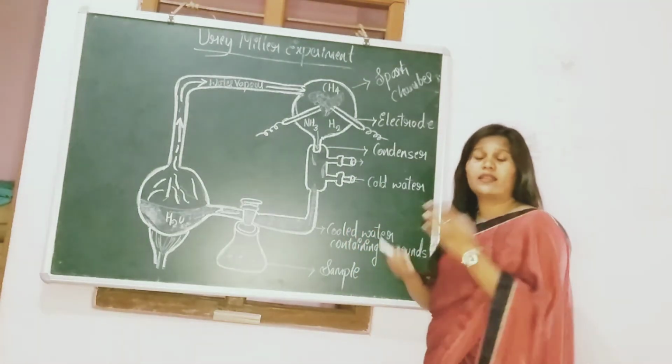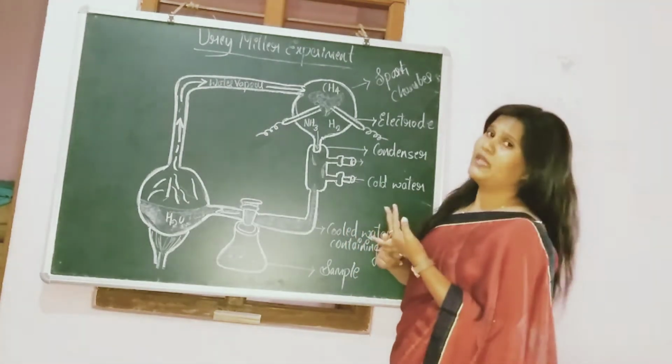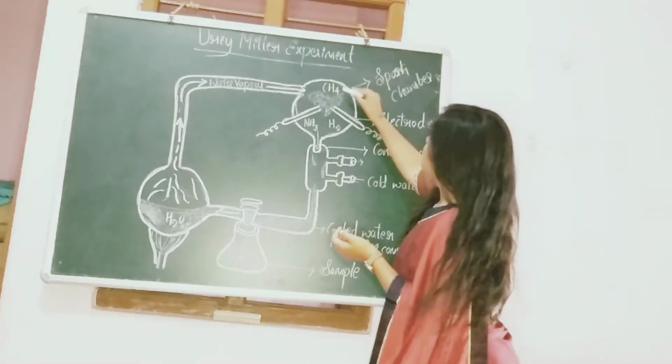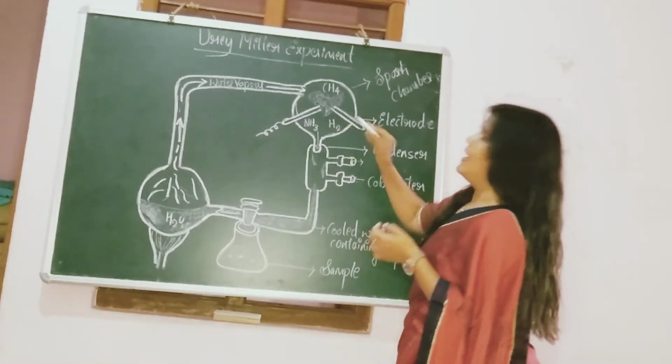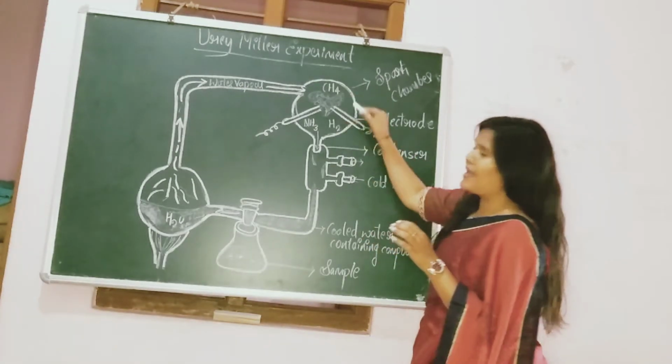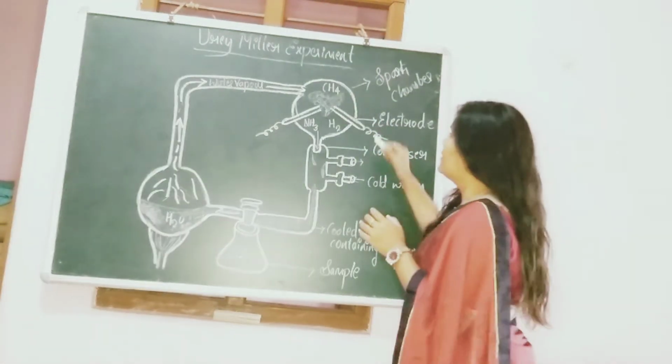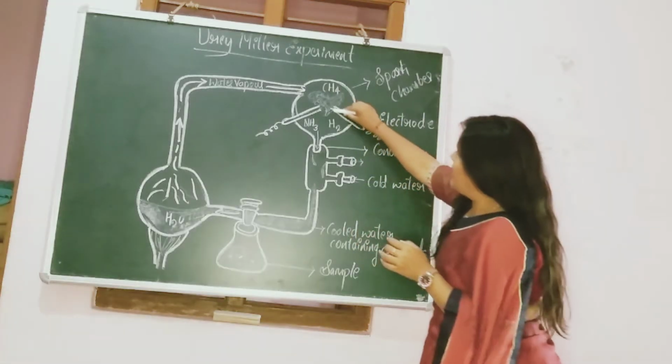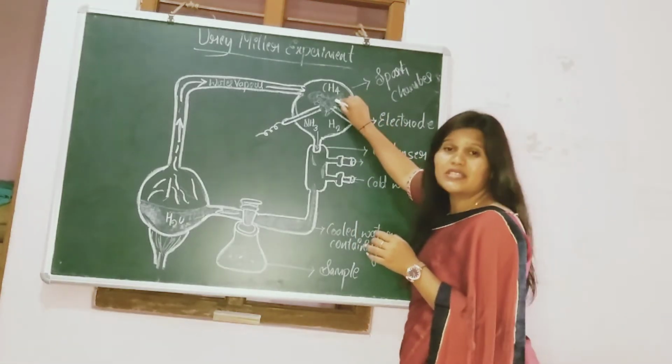We know that is ammonia, methane, water. So methane, ammonia and water. They filled this chamber with these inorganic molecules and gave electric discharge into this chamber.